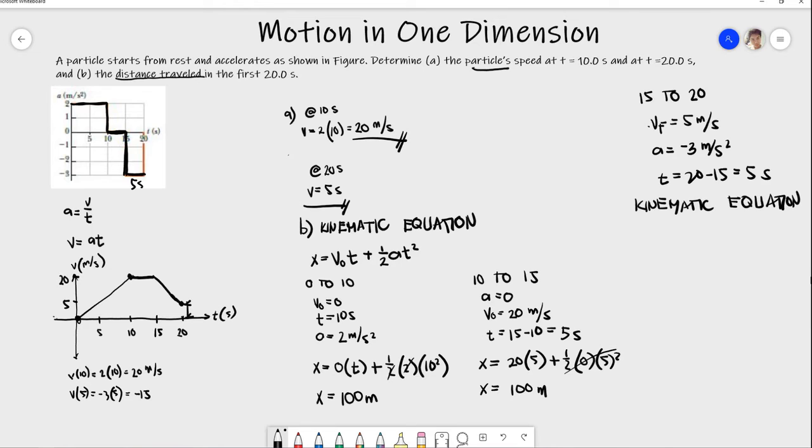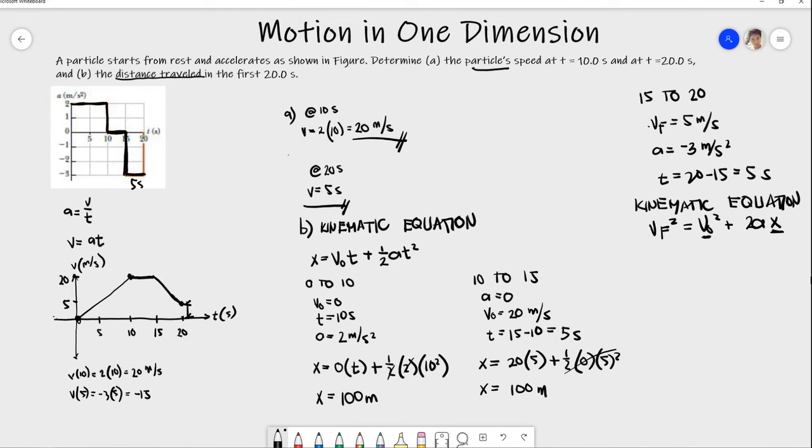let's see, Vf squared is equal to the initial velocity squared plus 2a times x. We need the value of x here, and again we do not have the value of the initial velocity.